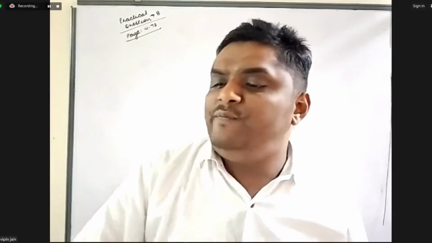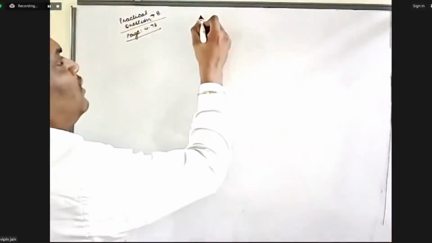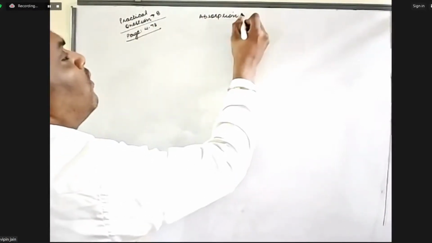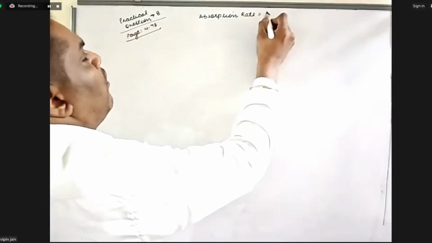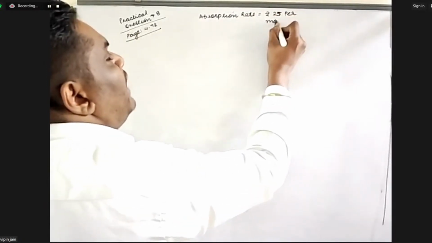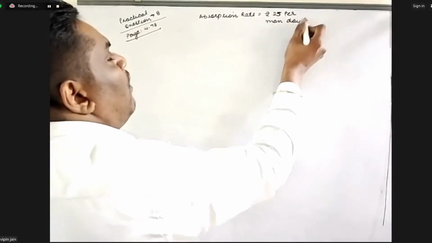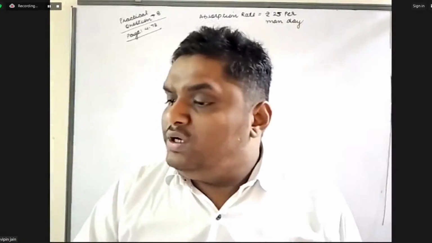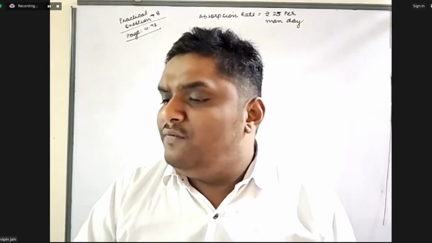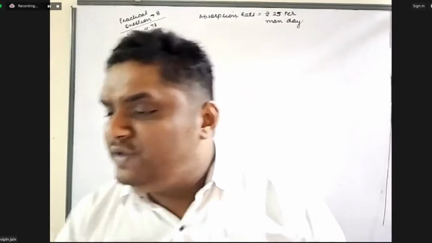in a manufacturing unit, factory overheads are recovered at a predetermined rate of rupees 25 per man day. So herein the absorption rate is given, rupees 25 per man day. The total factory overhead expenses incurred and man days actually worked are 41 lakh 50,000 and 1 lakh 50,000.